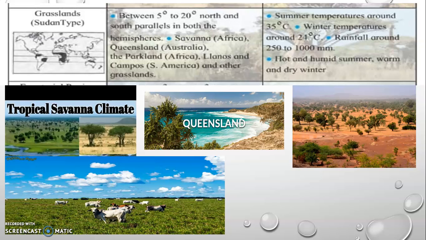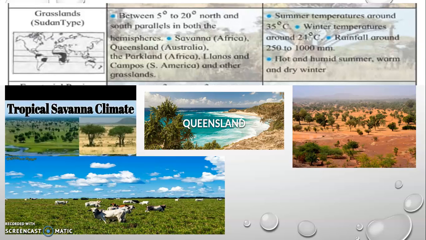Here also you have to understand and learn the grasslands of the Sudan type. Here you have the Savannah, which is in the African continent, Queensland, which is in Australia, the Parkland, which is in Africa. The picture next to Queensland, the desert area, is the Parkland of Australia.